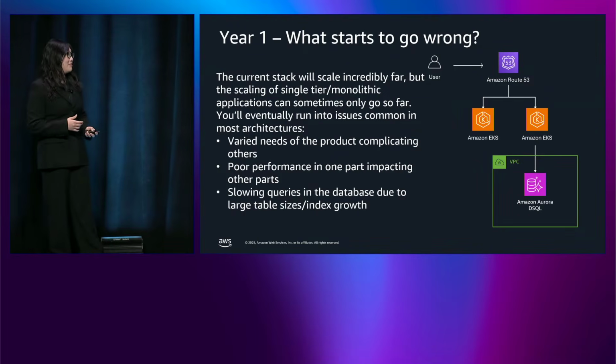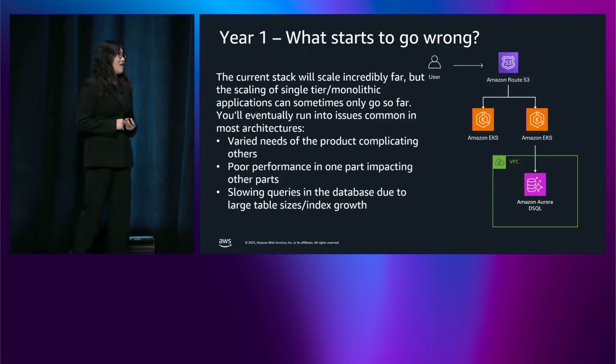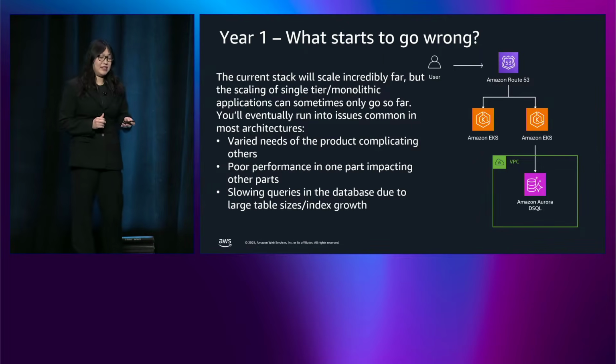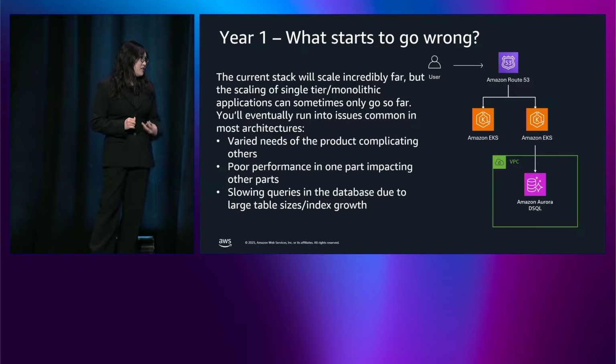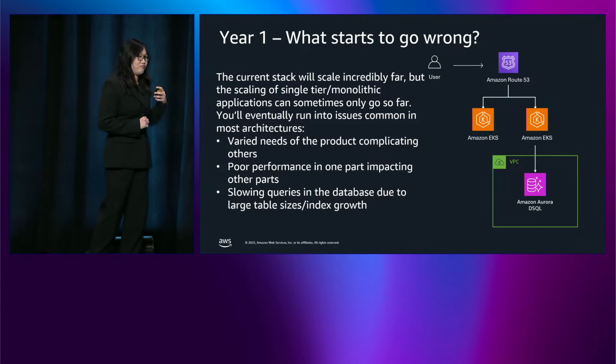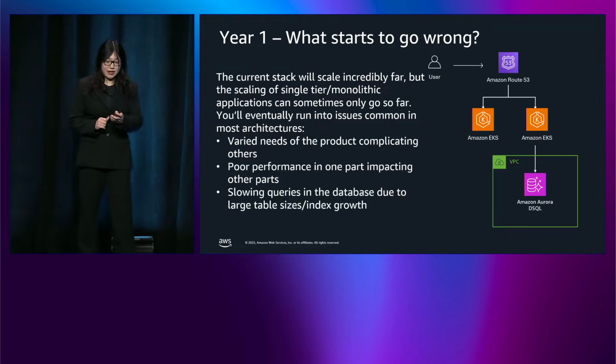But things start to go wrong at some point. You're either seeing different parts of the business impacting others, or maybe you're seeing slower queries in the database due to large table sizes or index growth. And so at some point, you're going to want to rethink or reevaluate your architecture.